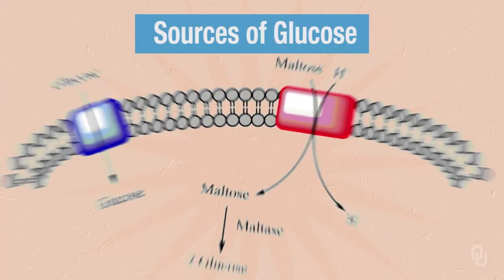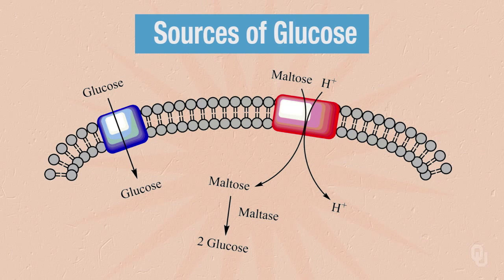What are the sources of glucose? As you learned in an earlier part of this course, some of the initial steps of the brewing process yield glucose and maltose. If we look at our diagram, we see that the glucose can enter the cell through a glucose transporter. And we see that the maltose can enter the cell along with the proton.